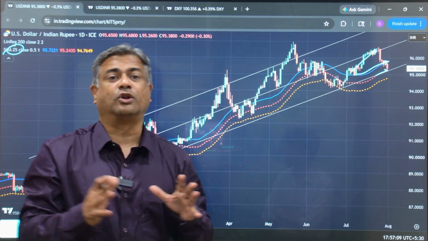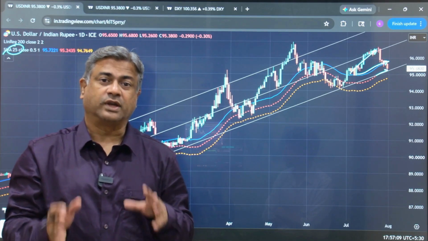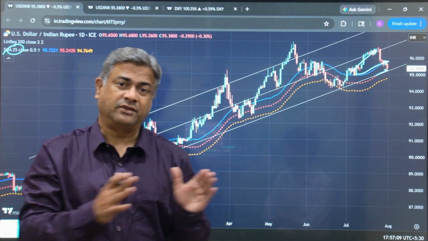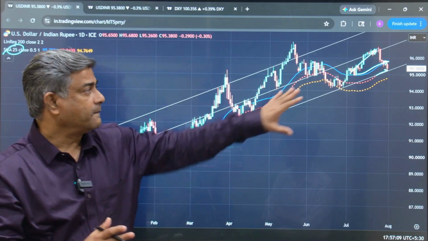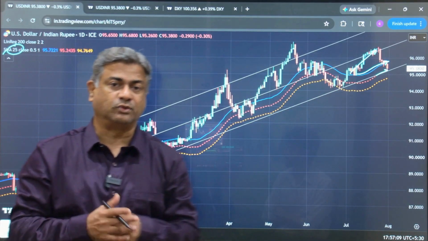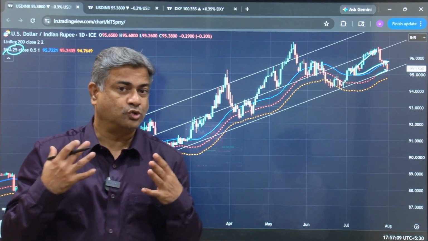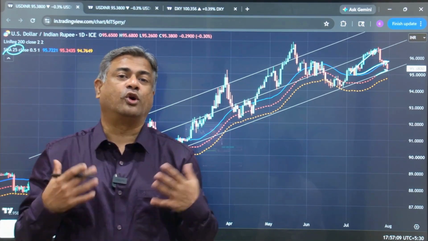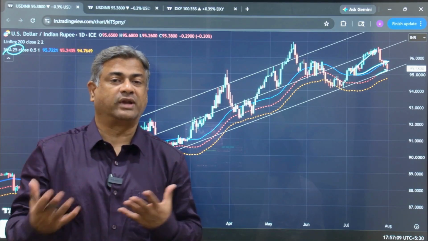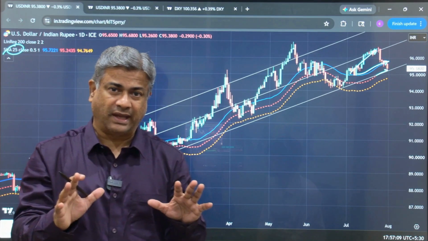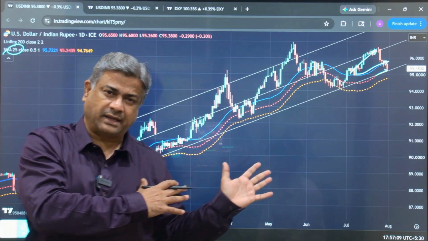It is time for dollar importers to hedge. You need to look at some hedges at 95.25, 95.35, the support indicated by the 50-day and 25-day moving averages. You should do a decent amount of forwards, and you can also do vanilla options to diversify risk.